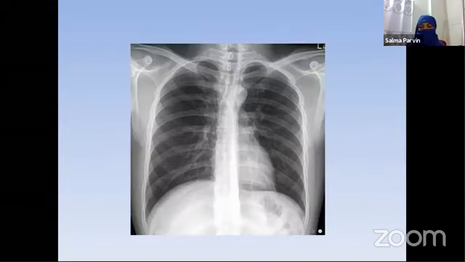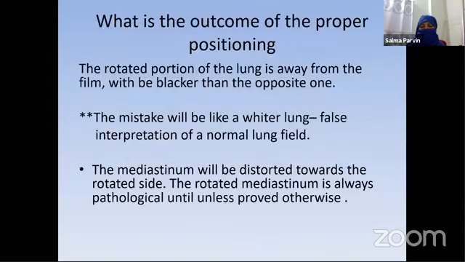I should describe those things earlier: what is the outcome of proper positioning? What disturbance happens if you don't have a proper positioning of the patient?